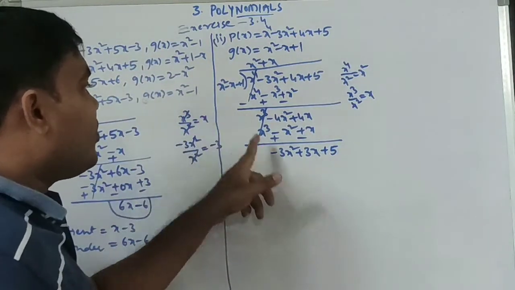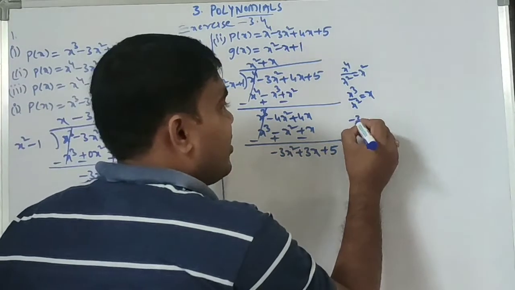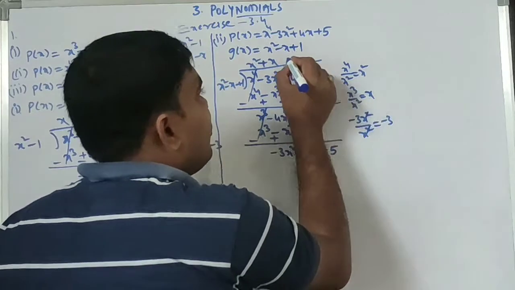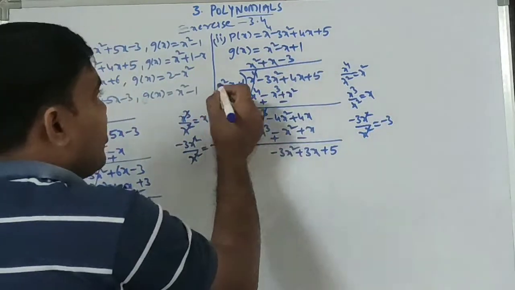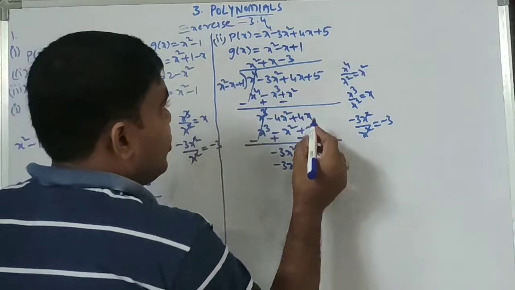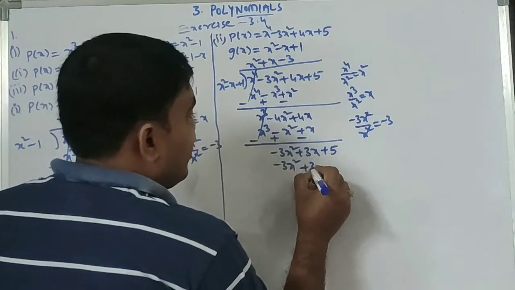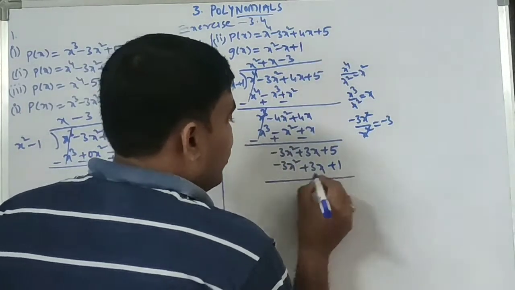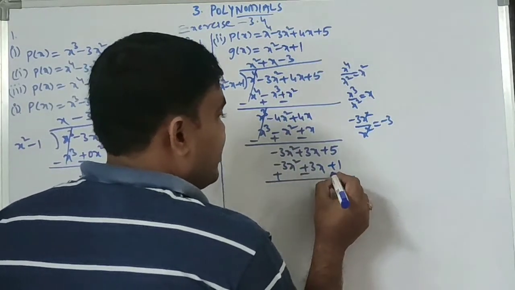So minus 3x square by x square cancels, minus 3. We should write minus 3. x square into minus 3, minus 3x square; minus x into minus 3, plus 3x; 1 into minus 3. Changing the signs, plus minus minus.